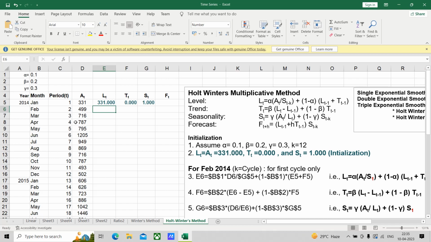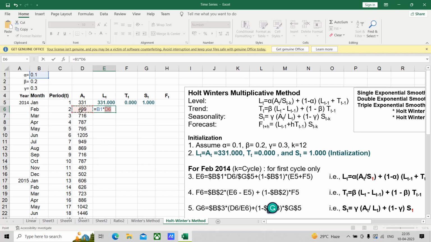First we write the equal sign, then this alpha value. Alpha is 0.1, that is B1, and then it is multiplied with A(t) by S1. Here t is 2, so A(t) denotes A2, and A2 is this 499.